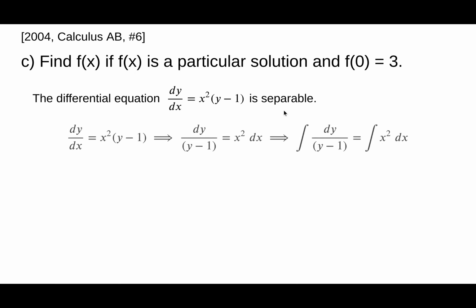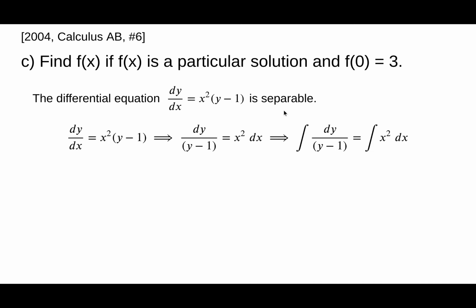So let's separate the variables. dy/dx equals x squared times (y minus 1) would imply that dy over (y minus 1) is equal to x squared dx. Just moving some stuff around there. And as you learned in algebra, if you do something to one side, you have to do it to the other side. So we integrate both sides.